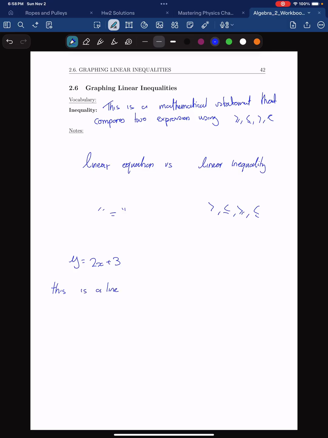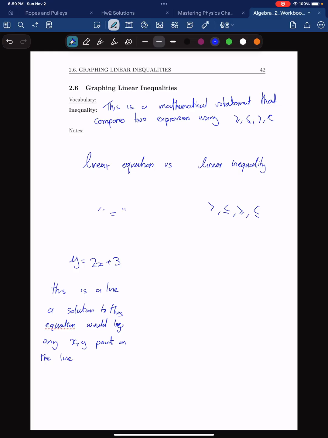A solution to this equation would be any x, y point on the line.